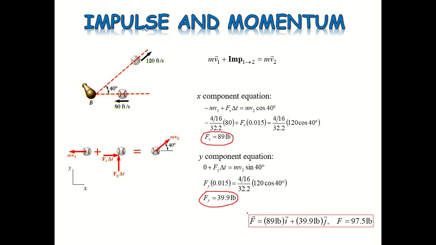Now our F here has no more vector symbol, so F is equal to 97.5 pounds. How do we get this?